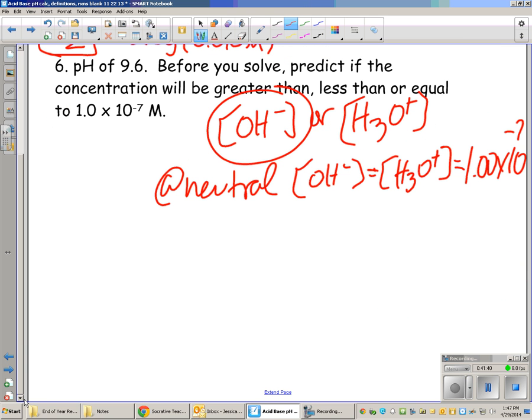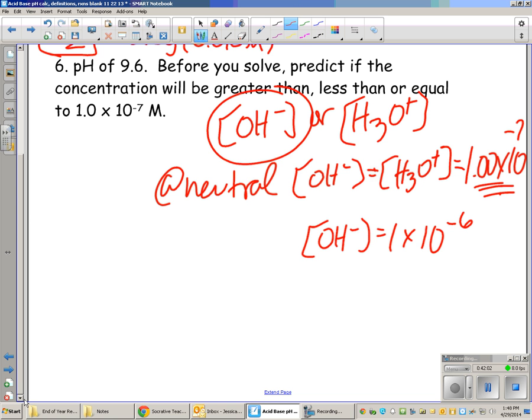So if both of those equal that at neutral, when it's basic, who was greater? OH, right? So throw out a number that's bigger than that OH could be. 1 to the what? Negative 6, right?